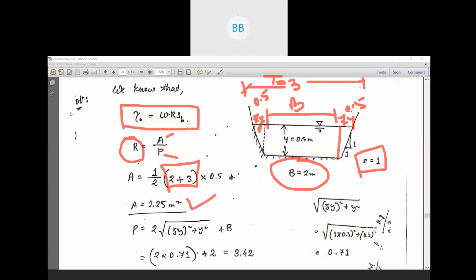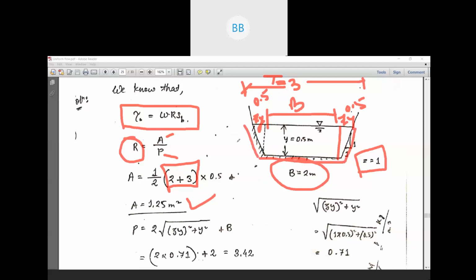We find out the area. Then you have to take Pythagoras theorem and then you have to find out one side for weighted perimeter. So we have to consider these three sides for weighted perimeter.